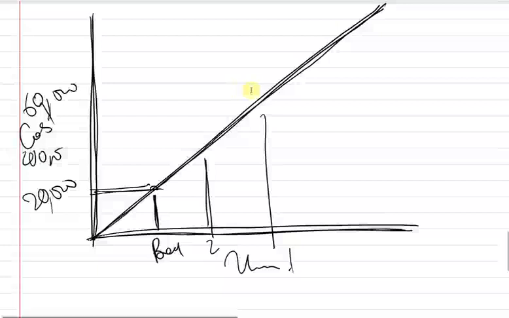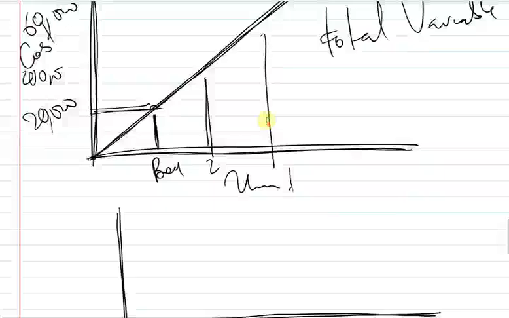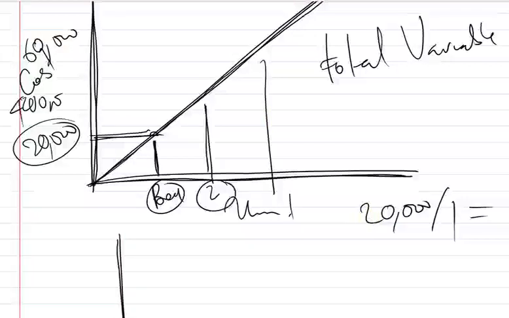While this is the total variable cost graph, the cost per unit graph will be a straight line like this. For example, one bed is 20,000, meaning cost per unit is 20,000 over 1, which is 20,000. 2 beds is 40,000, so cost per unit is 40,000 divided by 2, which is 20,000 as well.